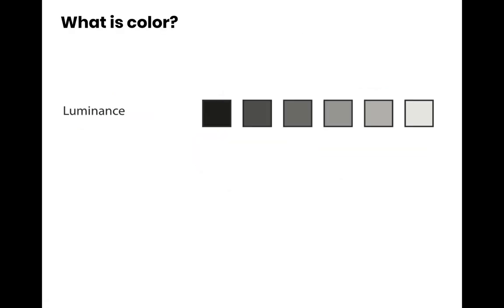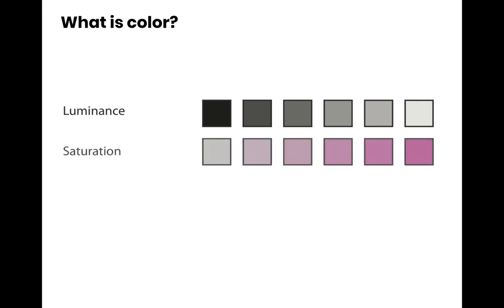However, color is more than just red, green, blue, magenta, and so on. A color value also has a luminance value, which is how bright or dark that specific color is. A color value also has a saturation value, that is how pure or how clear a color is.